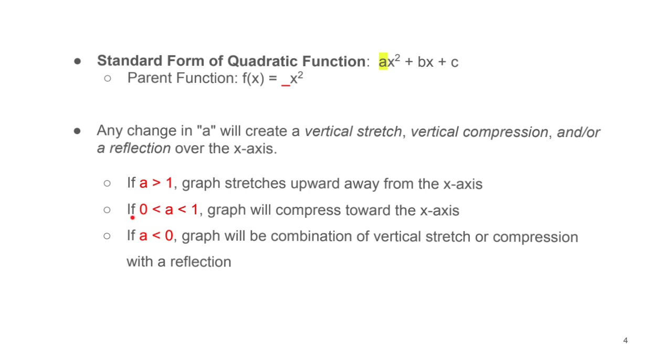If the value of a is greater than 0 and less than 1, meaning it's a decimal, the graph will compress toward the x-axis. If a is less than 0, the graph will be a combination of a vertical stretch or compression with a reflection. And we'll show you what that means in a little bit.